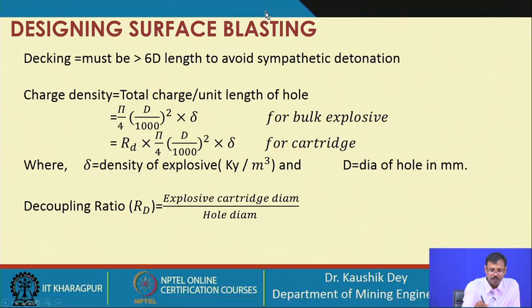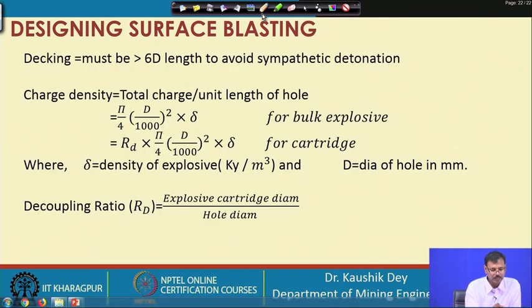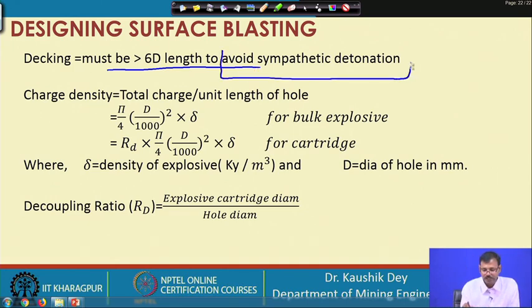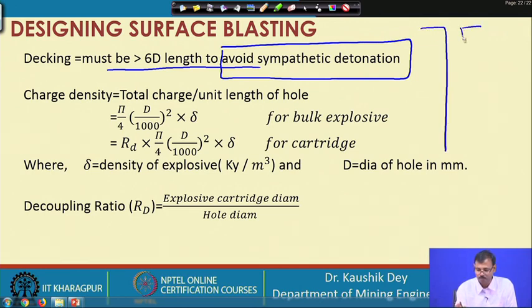Deck charging may be carried out, and the deck must be greater than 6 times the diameter, so that sympathetic detonation can be avoided. That means, if this is the whole section of the hole, this is the first charge which is being blasted, then some deck material is provided, then the second charge is provided, and finally the stemming is provided.